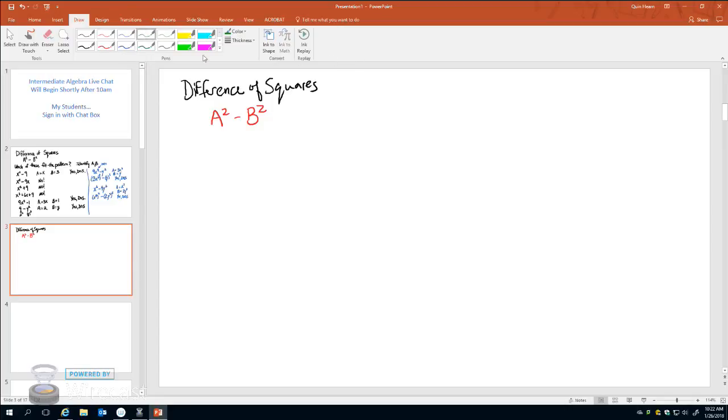We're going to look at some other patterns as well. We're going to look at the difference of two cubes. Cubes means power of 3. So that would mean we would have A cubed minus B cubed, something cubed minus something cubed. And another pattern we're going to want to be able to factor later is a sum of cubes.